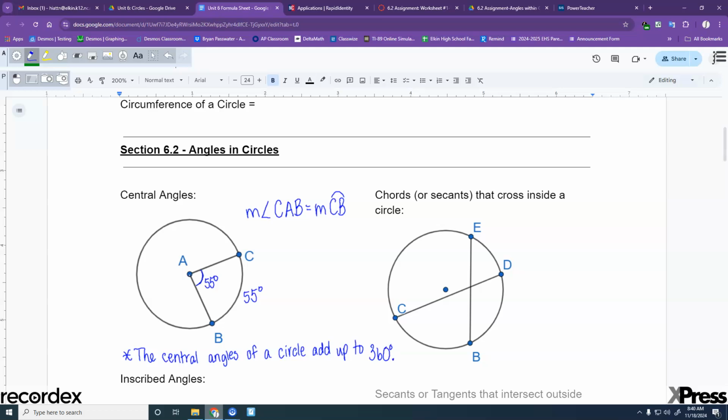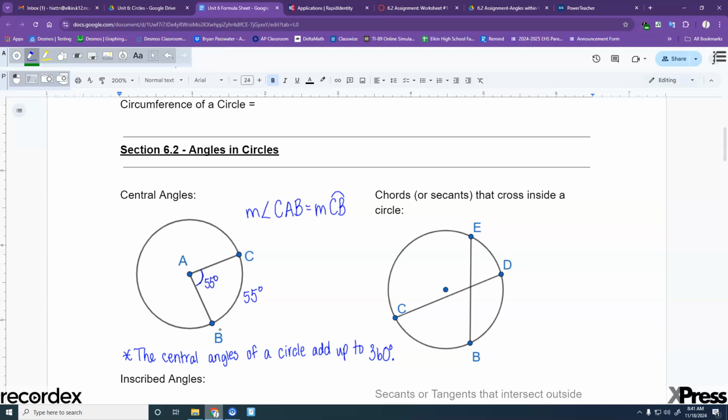Because if we wanted to, we could find the major arc here. I don't have enough letters to name it because I didn't put a point over here. But we could find this major arc by just doing 360 minus 55, and that would give us our amount. I won't throw that in there because I don't want to overcrowd that example. Okay, everybody, make sure you've got that information down on your formula sheets.